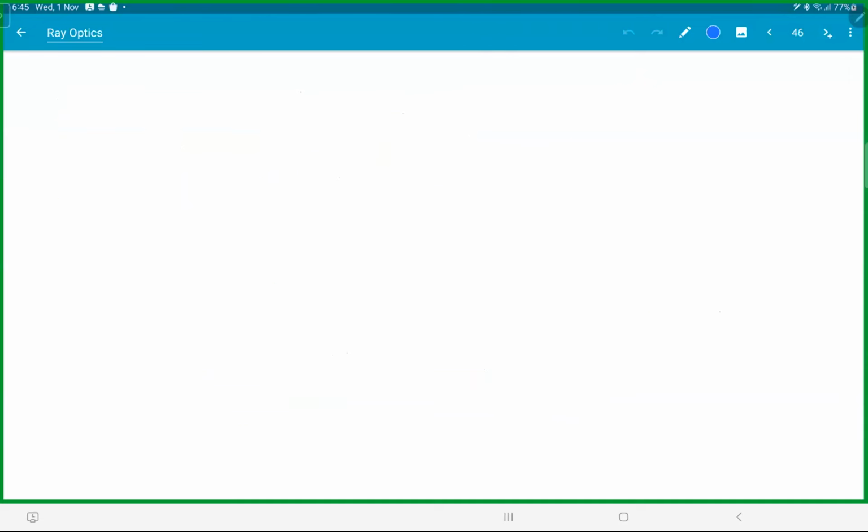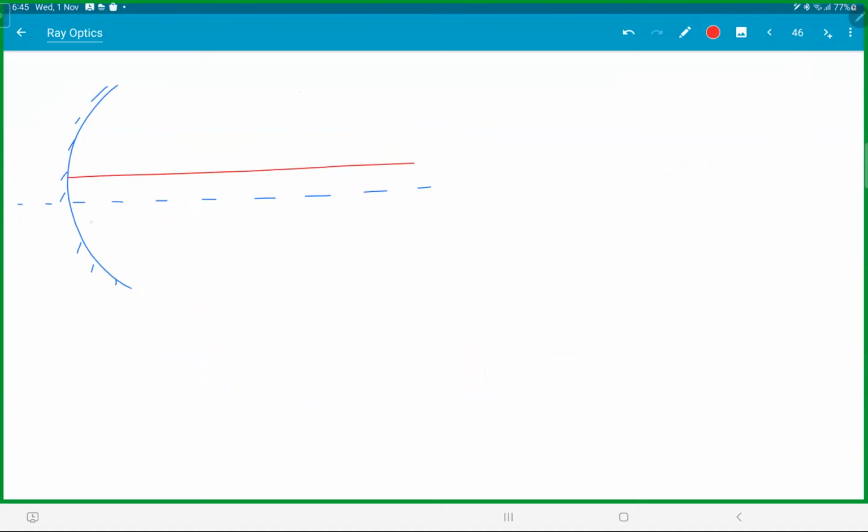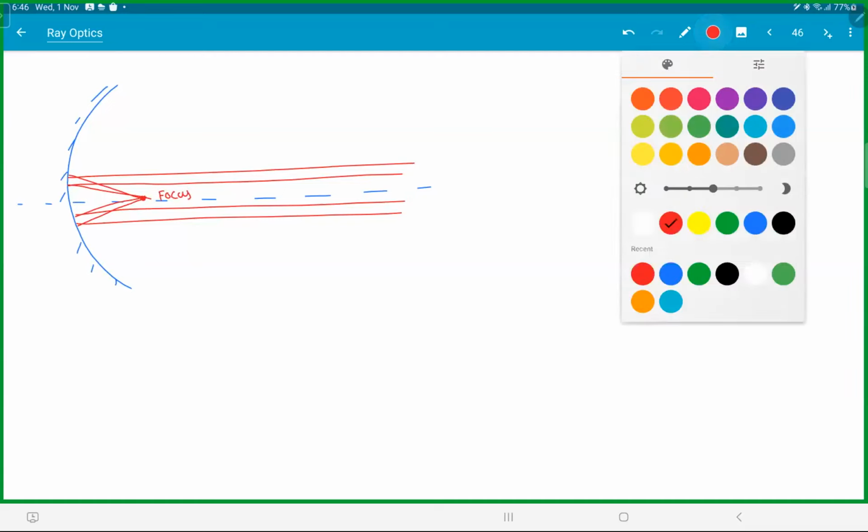So how do we minimize this error for the spherical mirror? If you send light rays very close to the principal axis, they still don't meet at the same point, but we can neglect that distortion.